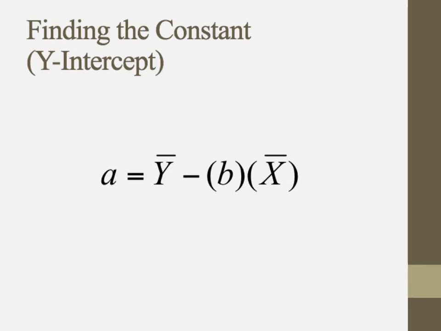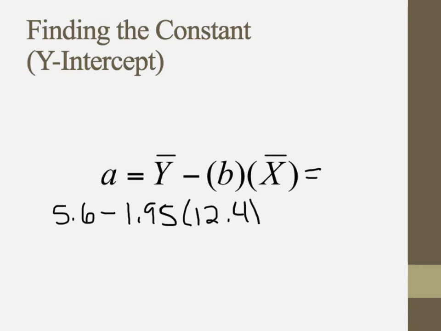And that's going to give us a. So we just need to plug in the numbers that we already know. So a is going to equal the mean of y, which is 5.6, minus b that we just calculated, 1.95, times the mean of x, which is 12.4.